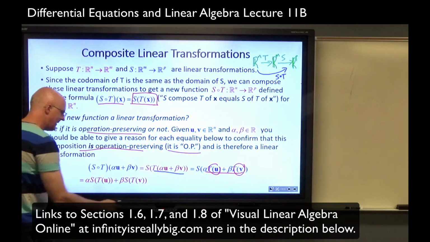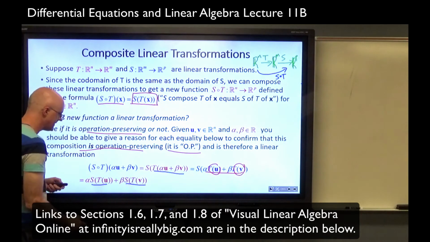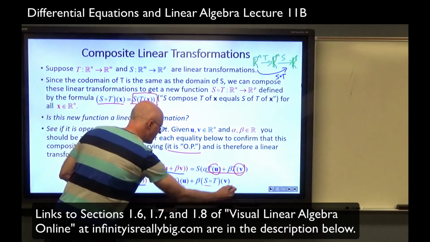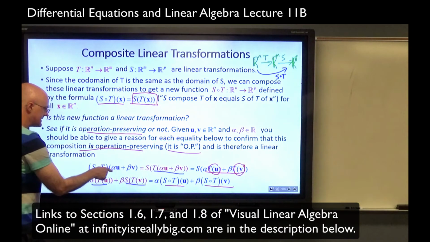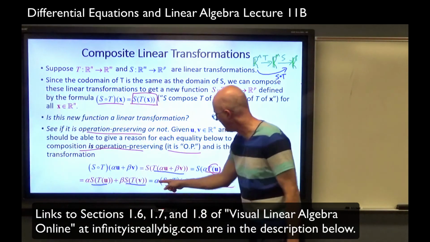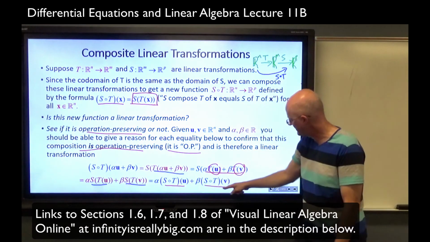But then I can use the definition of the circle operation to say those things are these two things. And that does it. S compose T of this linear combination, alpha u plus beta v, is the corresponding linear combination with the same weights alpha and beta of S compose T of u and S compose T of v.